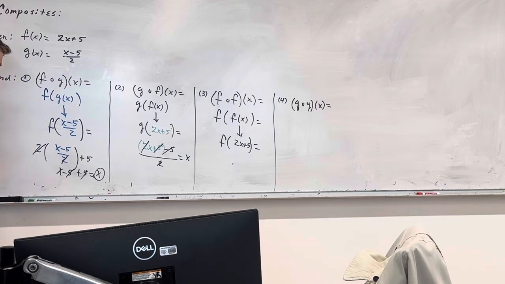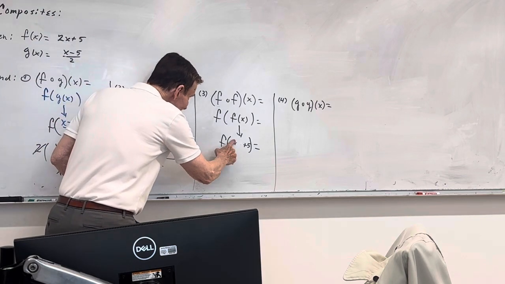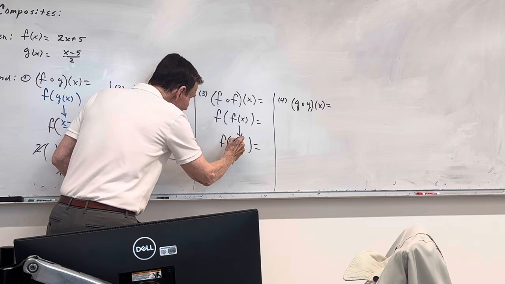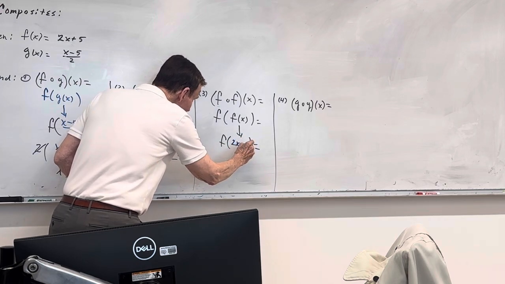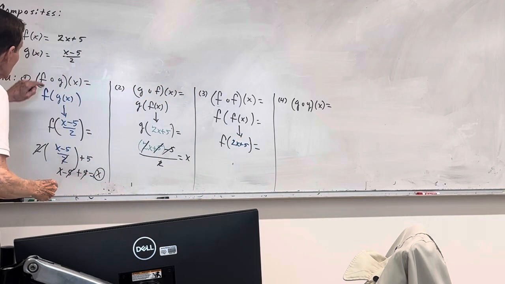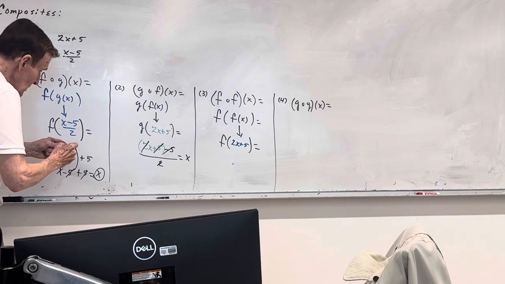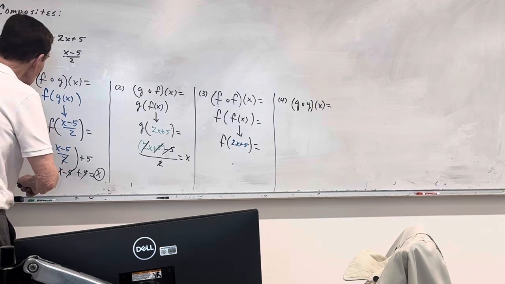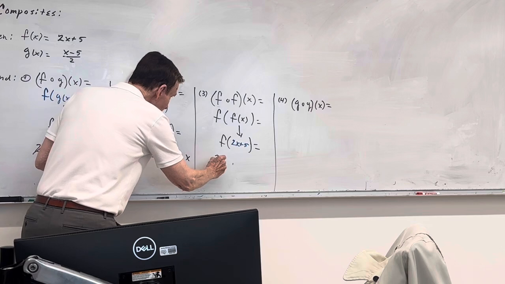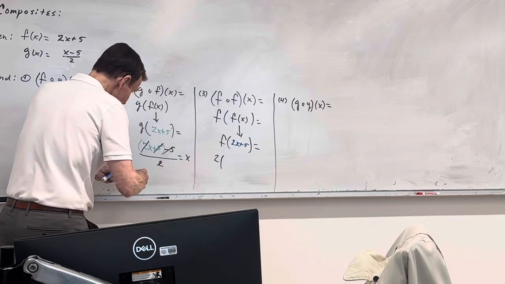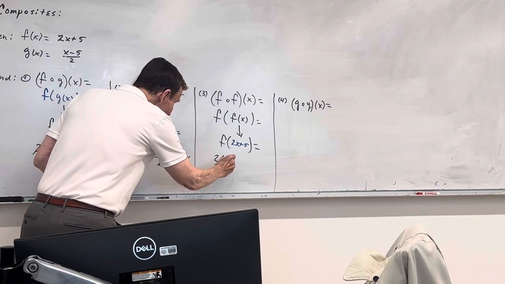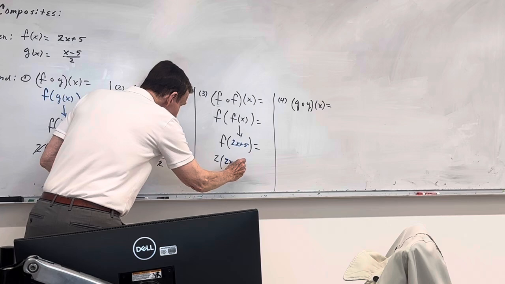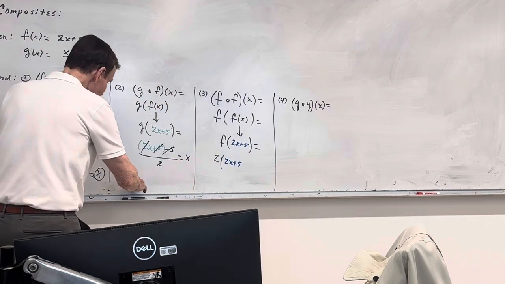Let me use blue again so you can follow. Let's say this is in blue. That means go to your f function and put that in. If I go to the f function, the black function up there, and put that in, that's 2 times 2x plus 5, plus 5 on the end.